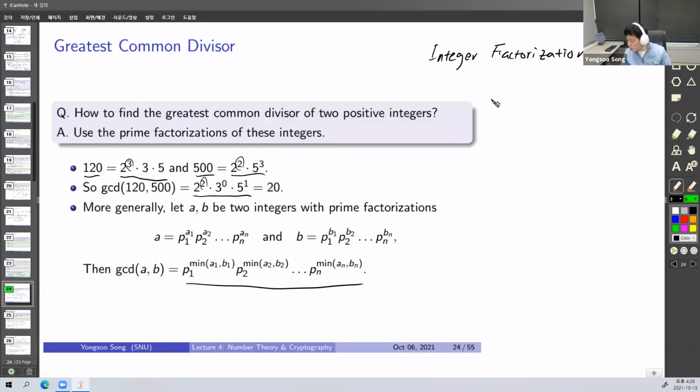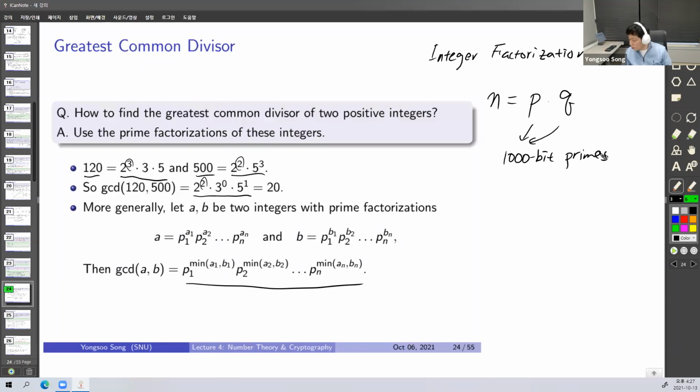Suppose that n is p times q, where both p and q are, say, 1000 bit primes. You somehow searched for two 1000 bit primes and computed their product.